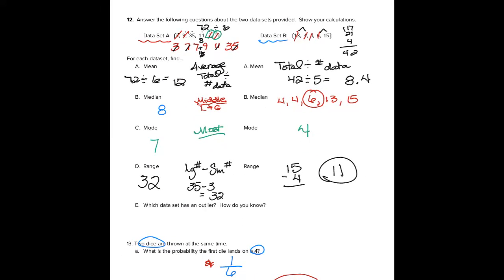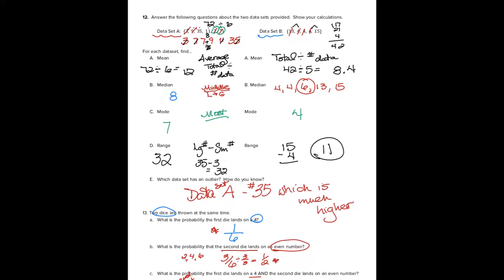Which data set has an outlier? Outliers, like an outlaw. Which data set has an outlier? Data set A. That is correct. How do we know it's data set A? What the heck is an outlier?